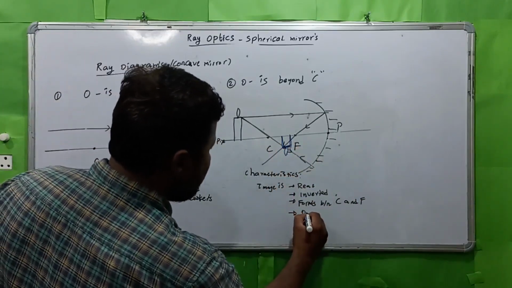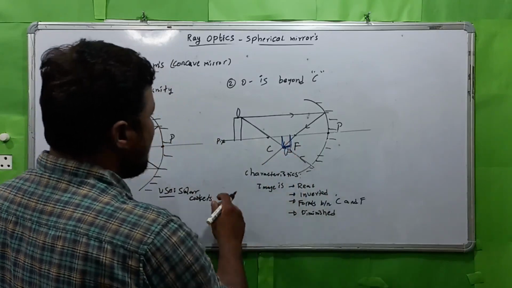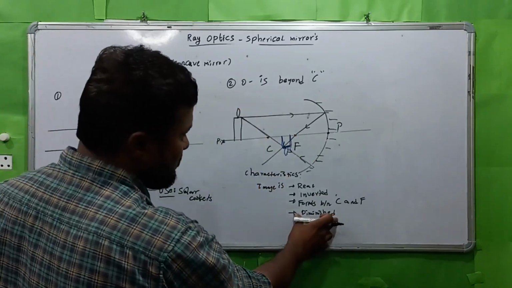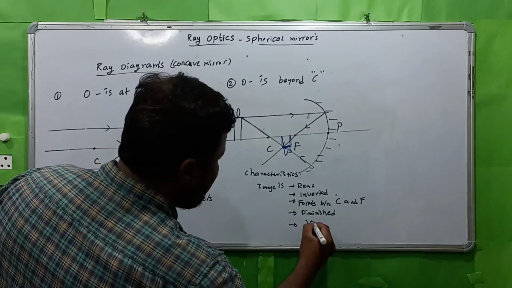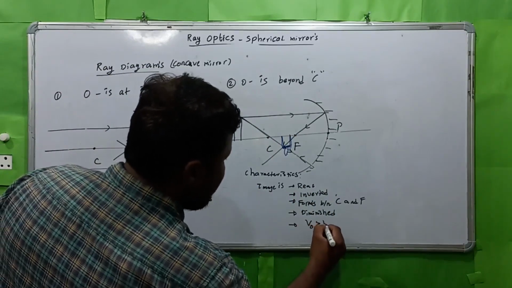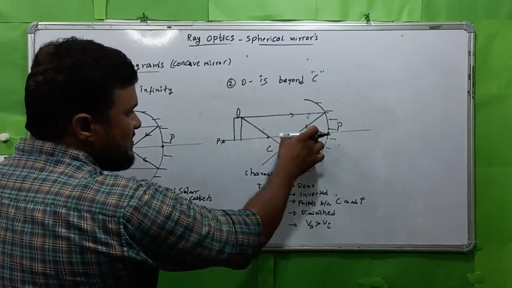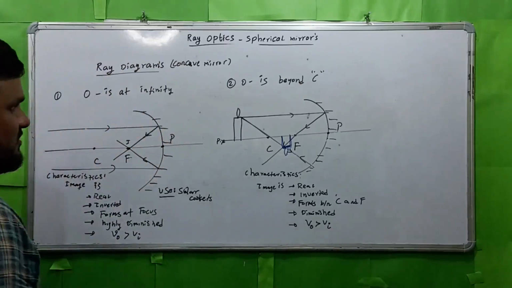Next, diminished: the object is big size, and the image is a small size image, so that character is considered to be diminished. Can I say the velocity of object is greater than the velocity of image? Why? Because the object distance is more than the image distance. So the velocity of object is greater than the velocity of image.